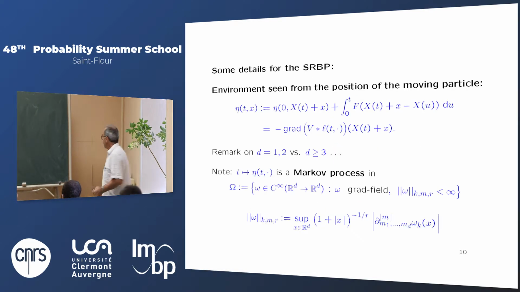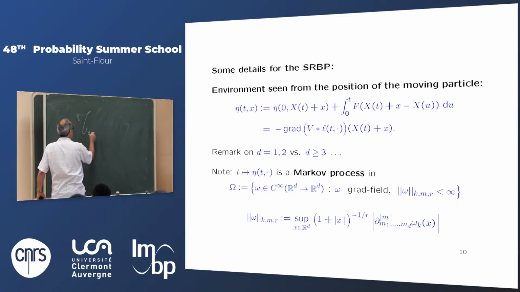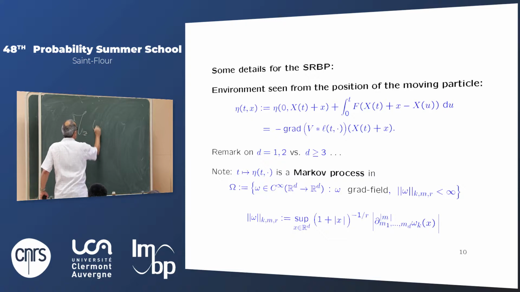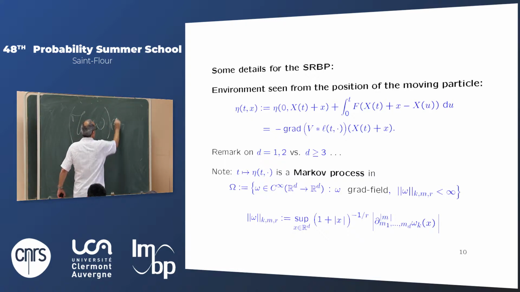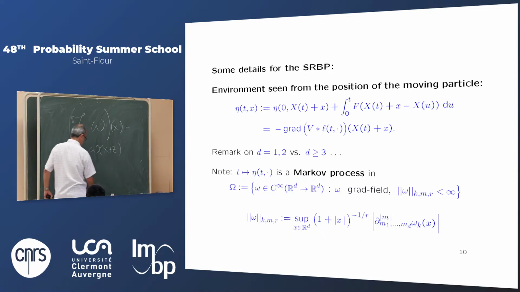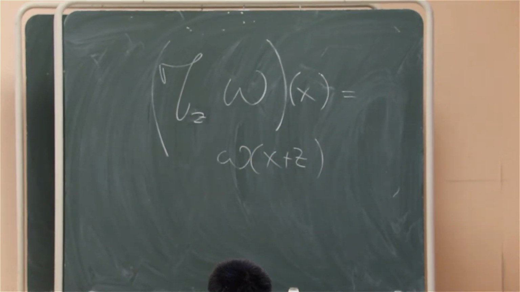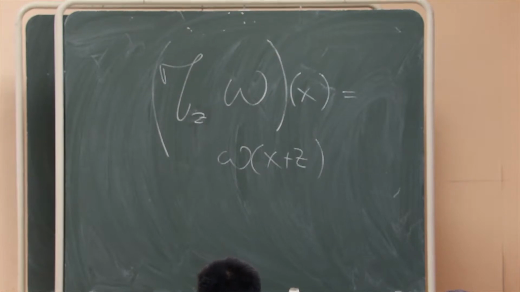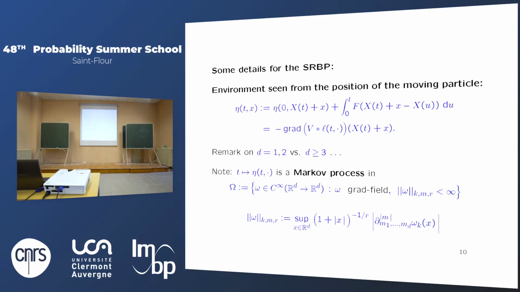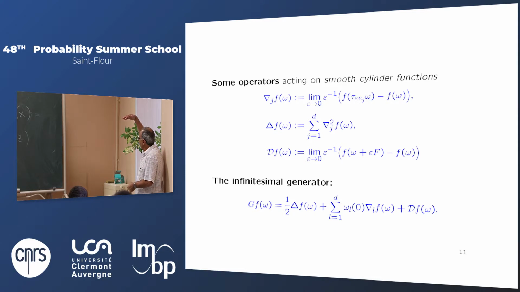A spatial shift, let's say tau z, acts by tau z omega at x equal to omega at x plus z. So spatial shifts are well defined on this space, and continuous, and they have all the trivial good properties. And what I'm defining here is the gradient in the infinite dimensional space, mind, a gradient with respect to these shifts.